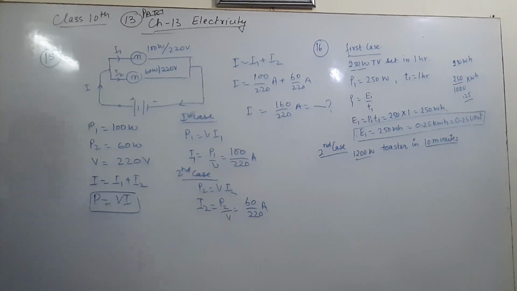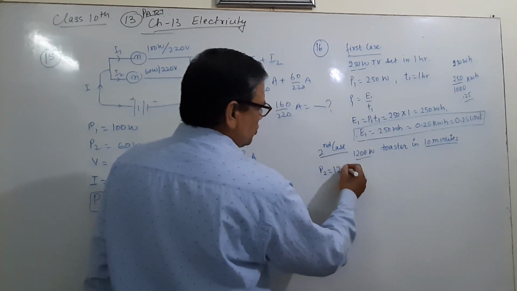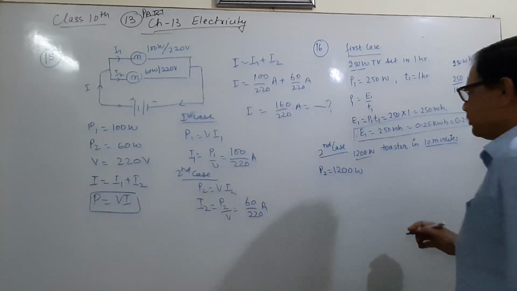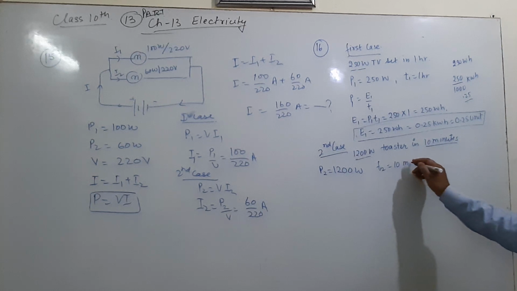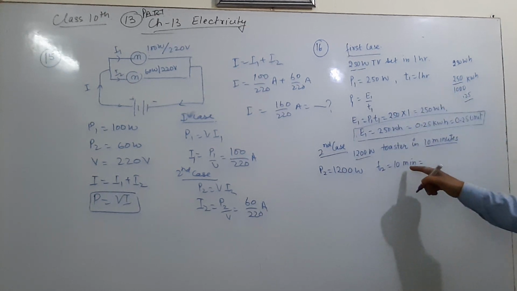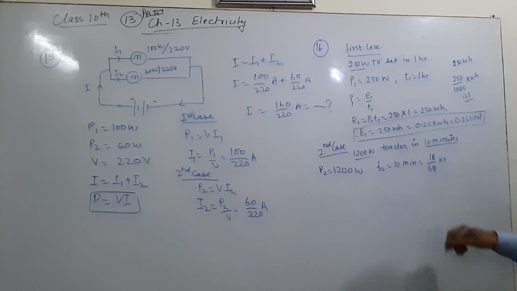And how can we find out? Here P2 is equal to 1200 watt, and T2 is equal to 10 minute, and we have to convert, this is in hour, this is in minute, so we have to convert it into hour. Divide by 60. T2 is equal to 1 by 6 hour.